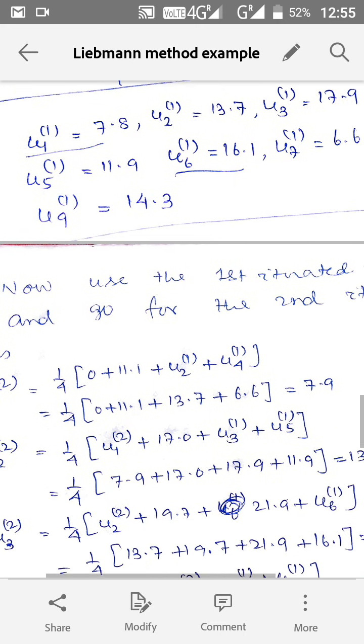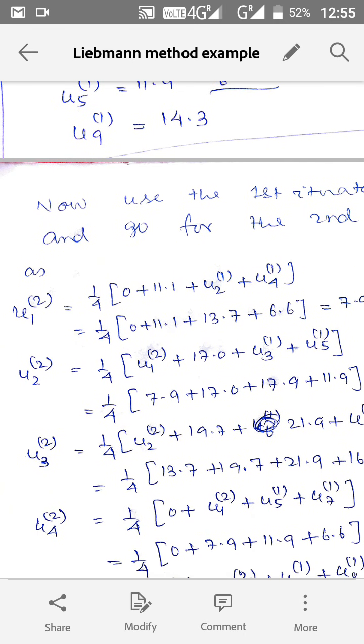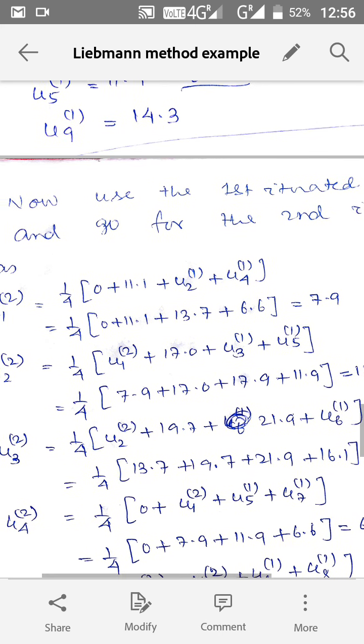So now use the first iterated values and go for the second iteration, starting with u1 of 2. U1 of 2 is 1 by 4 of 0 plus 11.1 plus u2 of 1 plus u4 of 1, where we use the first improved values, and we will get 7.9.